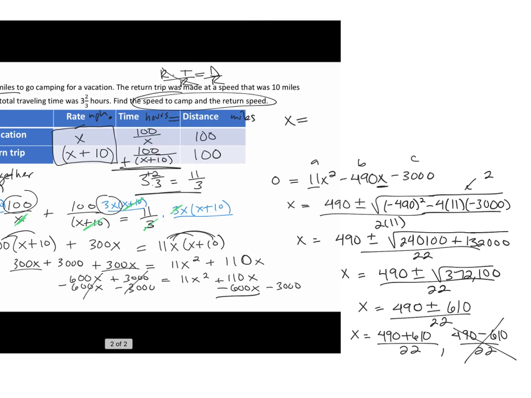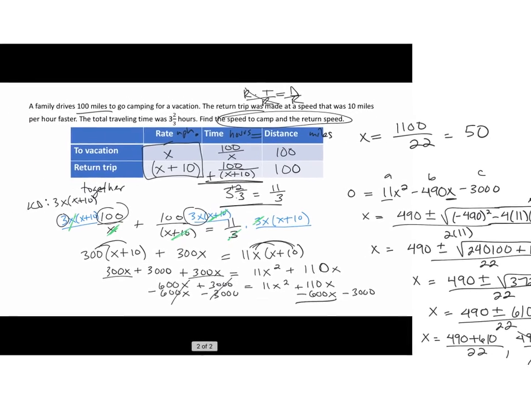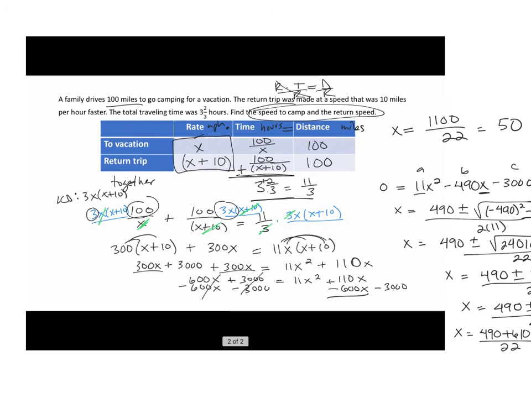So 490 plus 610 is 1,100 divided by the 22, which is 50. Does that make sense? Let's go back and see what that stood for. Okay, so 50 is the rate, miles per hour to the vacation. Then the return trip would be 60 miles per hour.